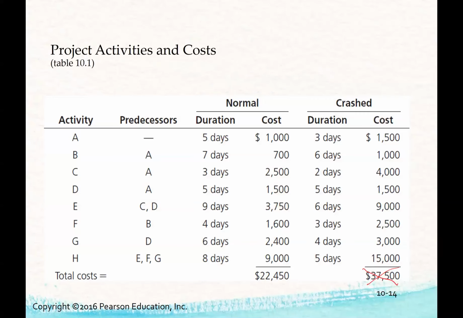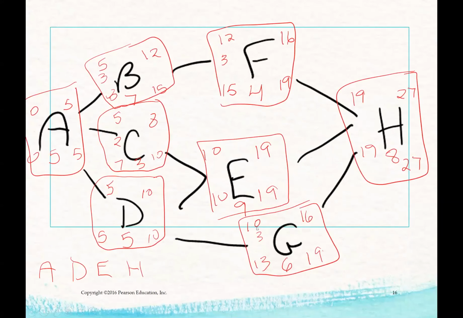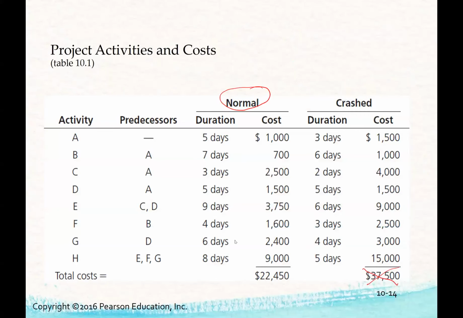So we're given normal. So the first thing that we do is we draw out our network diagram, figuring out the critical path, everything based on normal. So here's our network diagram. And here is our critical path based on, sadly I know chicken scratches, what each of those normal durations are.